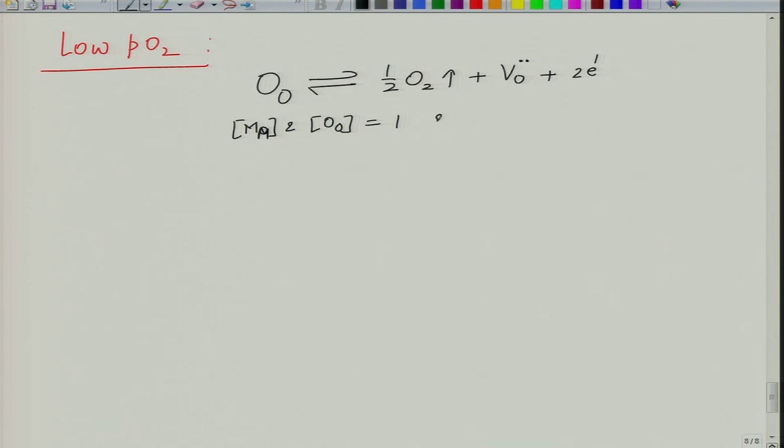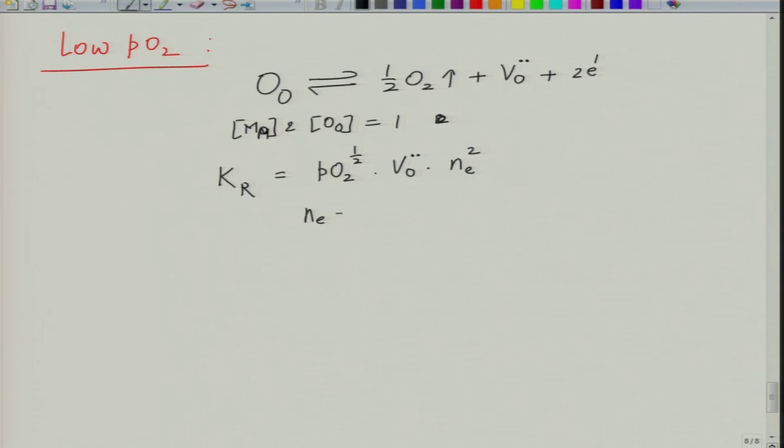Then, since this is a reducing reaction, we can write the reaction constant as Kr. Kr will be equal to PO2 to the power half into VO into Ne squared.